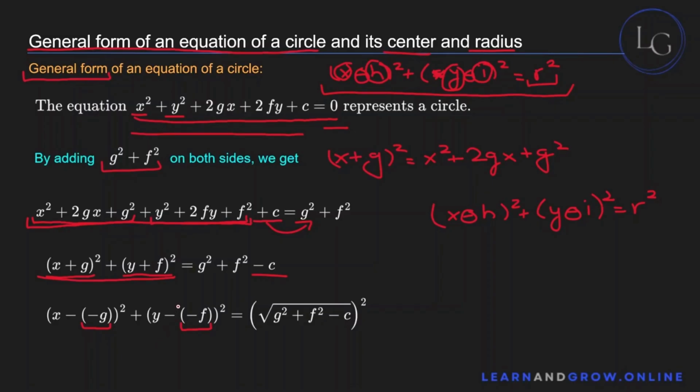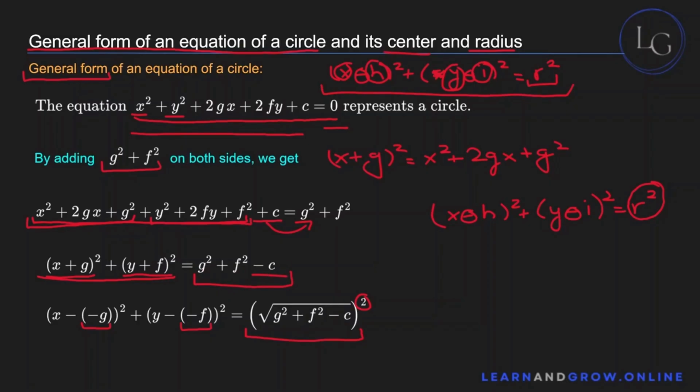And again, since the term on the right hand side is r square, you need to convert this term on the right hand side into a square form. So what you do is simply put the entire right hand side under a root sign and take the square of that, so that the actual value still remains as it did before. Because eventually this square term and this under root sign, they both cancel out, and they give you the same g squared plus f squared minus c.